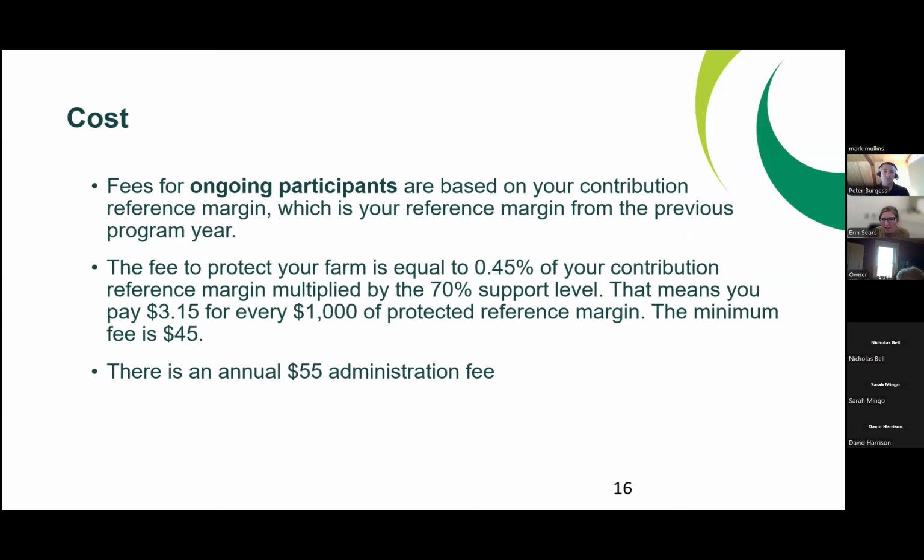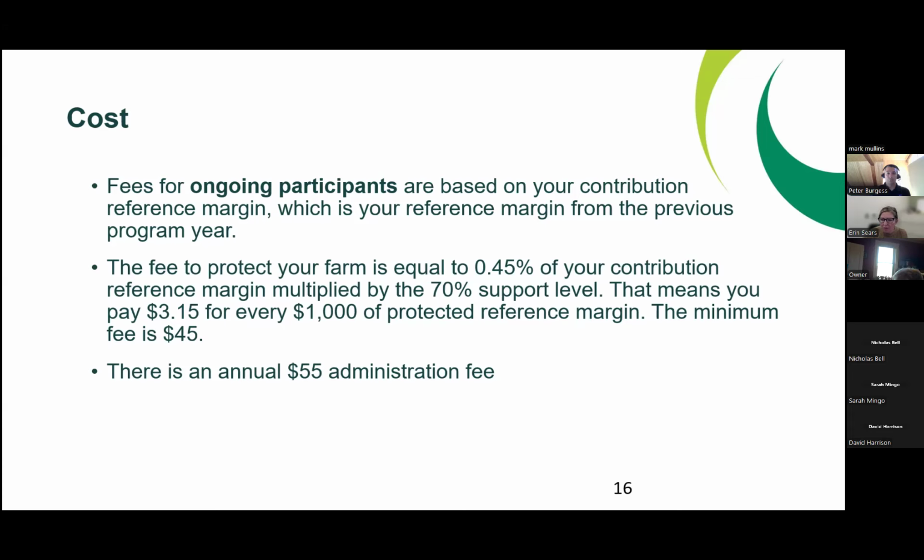For cost, it is a relatively low cost program. Fees for ongoing participation are based on your contribution reference margin, which is your reference margin from the previous program year. The fee to protect your farm is equal to 0.45% of your contribution reference margin, multiplied by the 70% support.